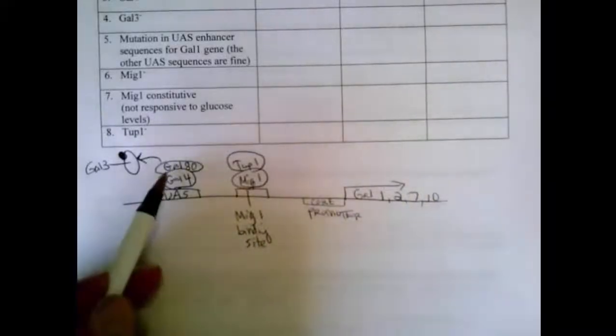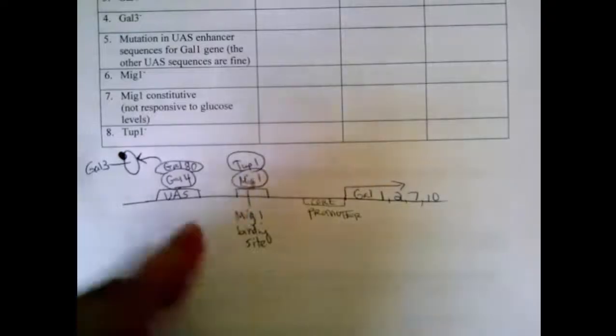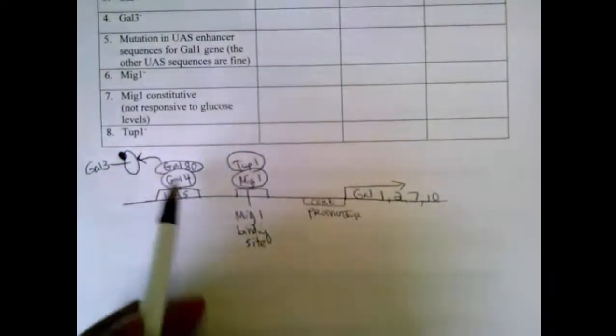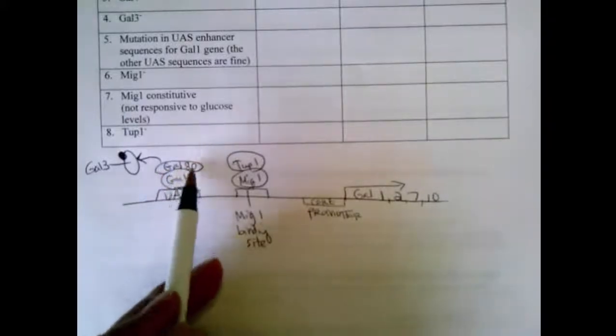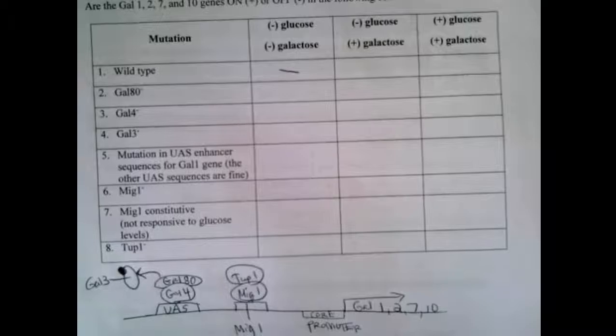So in that first case, GAL80 is inhibiting GAL4, and these proteins would not be recruited to that part of the promoter. The overall effect would be that these GAL structural genes would not be transcribed. So we would say that one's negative.